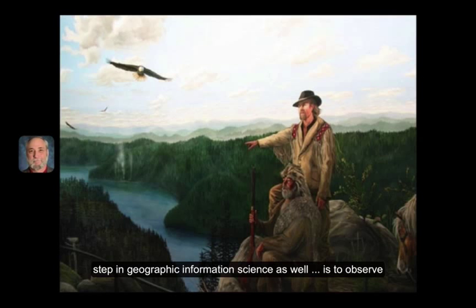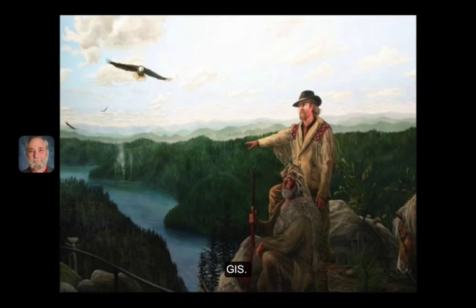So this is the first step in geographic information science as well, is to observe, to make observations about the kinds of data sets that you might need to use for a particular problem and what have you. So it's the very first step in the geographic inquiry process and the very first step that you will encounter in geographic information science and GIS.